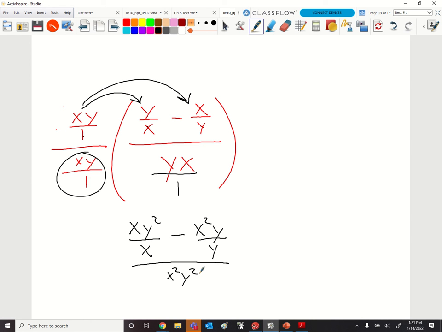Now looking at the top, this is the point where we're canceling, because I have an x and x on top and bottom, those cancel. And if I cancel out everything in the bottom, it's 1. So that's why this came out to be, on top, just y squared. I could have put y squared over 1, but it wasn't necessary. And over here, I canceled out the y's, so that's why I came up with minus x squared.